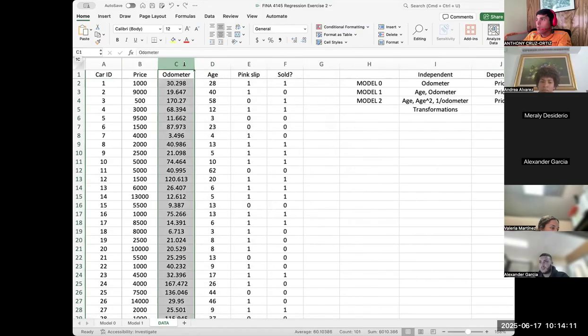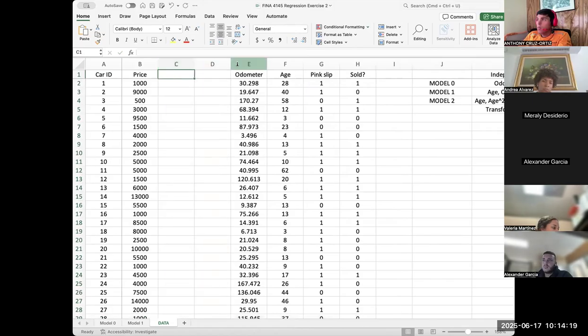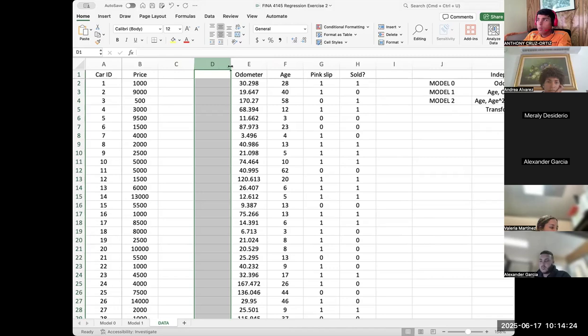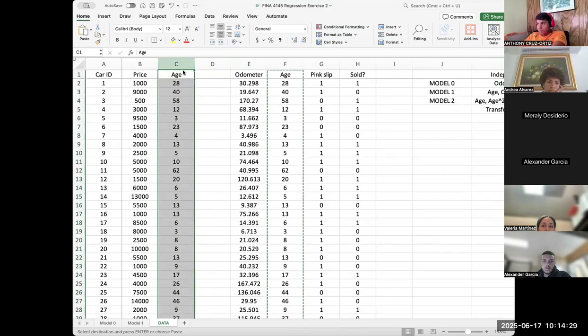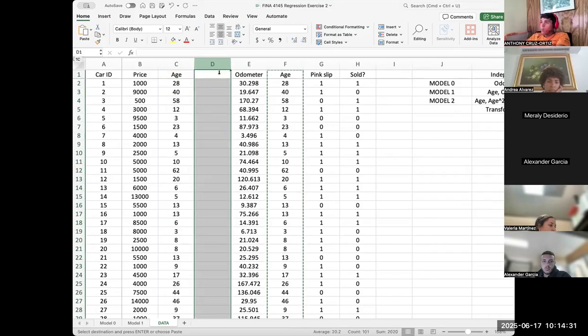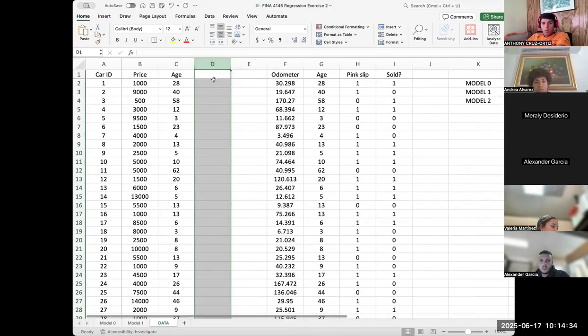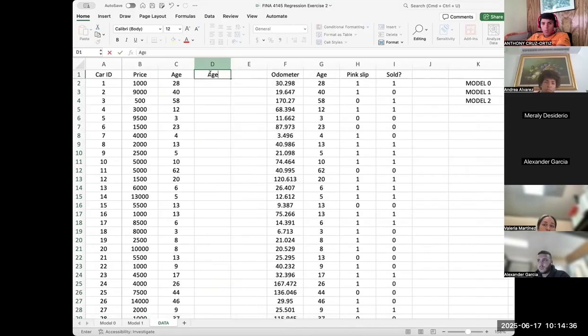Let's do it beside price. So I'm going to insert 2 columns and let's put 1 more column. Let's put age. Actually, if I put this here, will it move over? Okay, no. So I got to make 1 more column. So I'm going to put age square, which is virtually age times age all the way down.